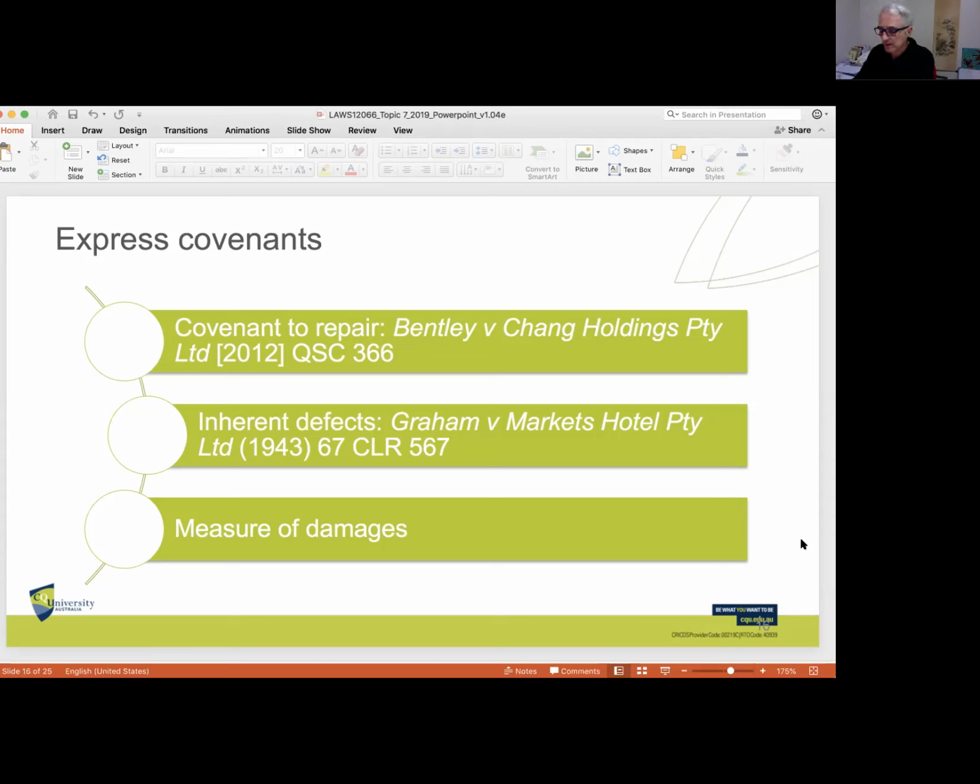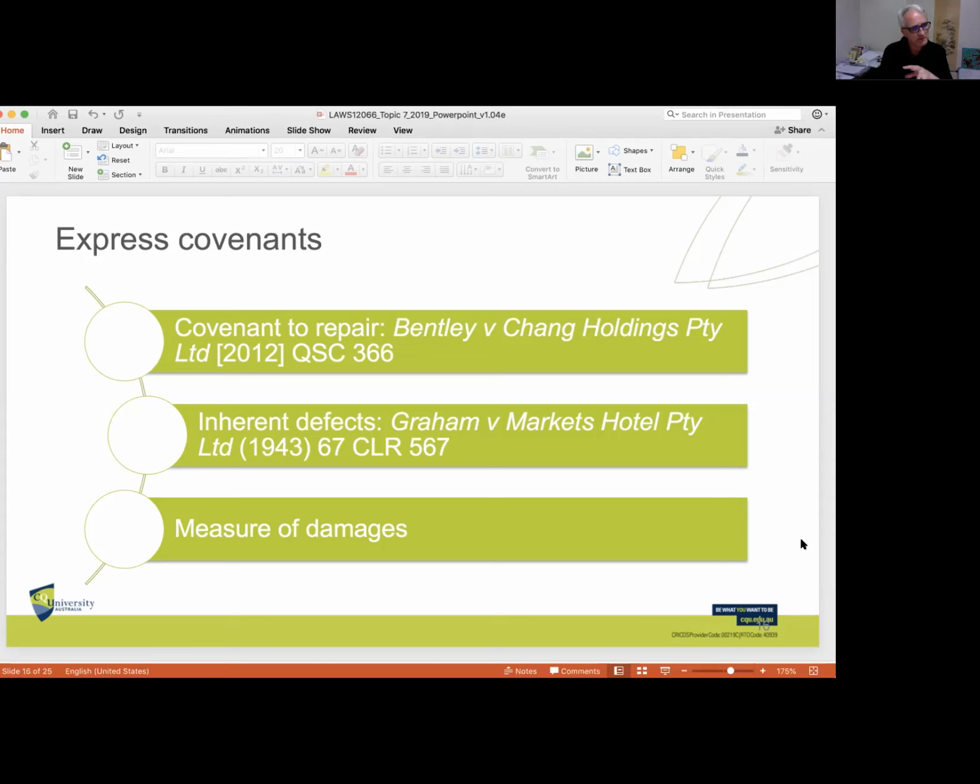One interesting one is this idea of inherent defects, which is discussed at page 763. And this is really about the lessee's obligation of repair, so that where there is this covenant to repair, either expressly undertaken or, as we've seen, under the implied covenants.